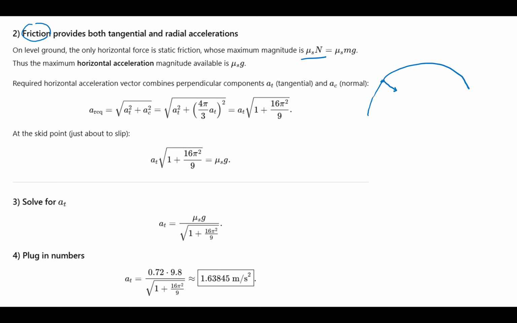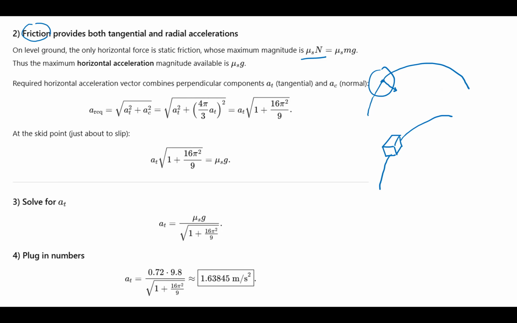Then on the level ground, if you expand it, you have a bicycle. Let's assume that this is an object, and it is moving on the ground, so it does not move up and down. The only forces that matter are on the horizontal plane.